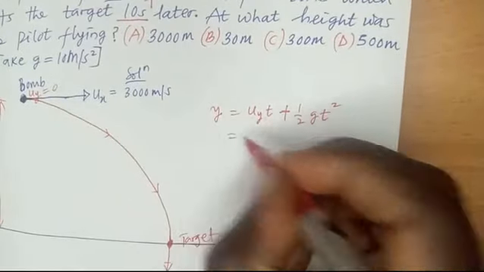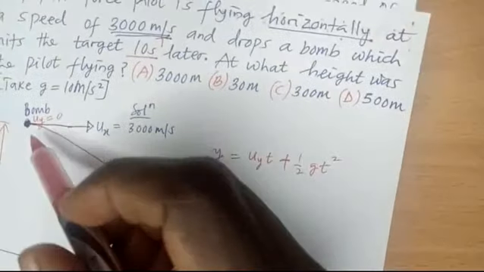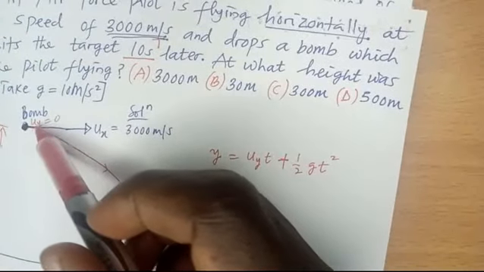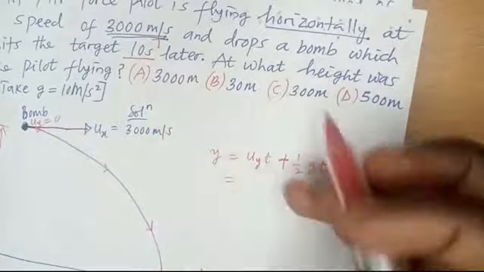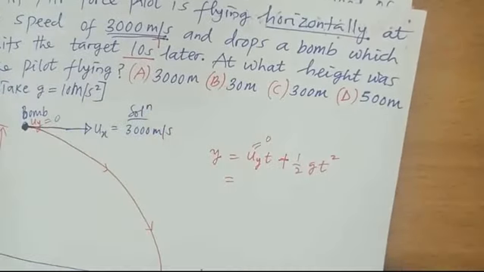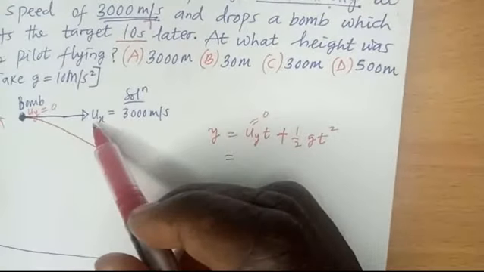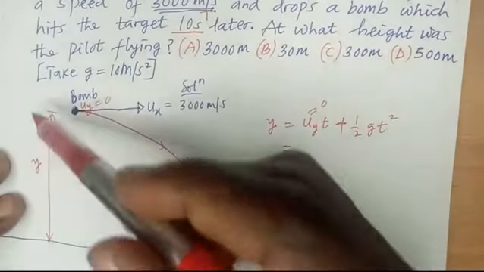Initially before it was released, the initial vertical velocity is 0. Please do not use the horizontal one here. You are going to find the vertical.